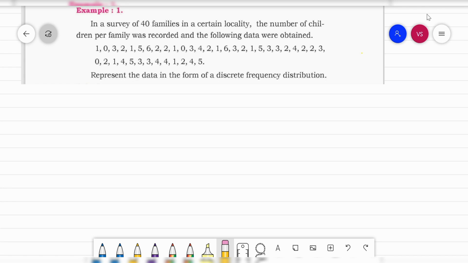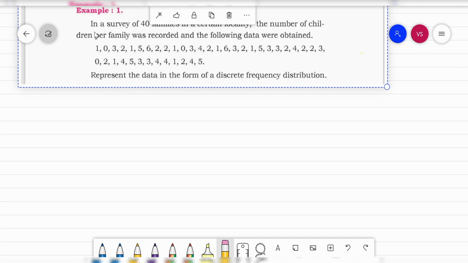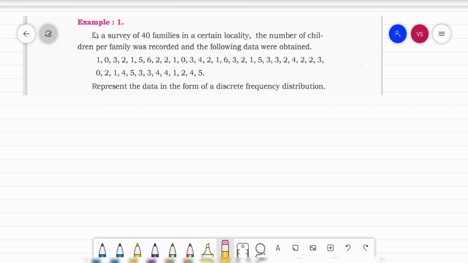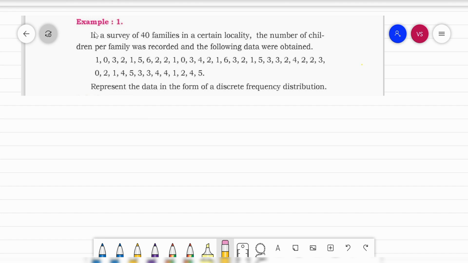You can very well see that in a survey of 40 families in a locality, the number of children per family was recorded and the following data were obtained.